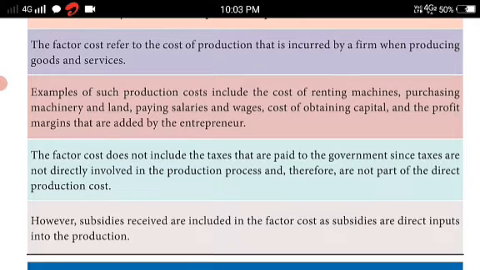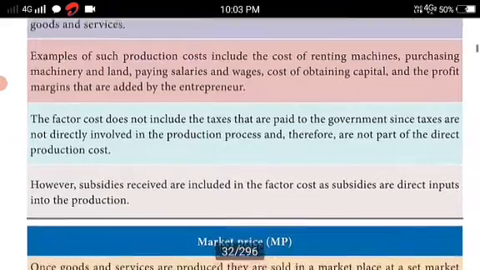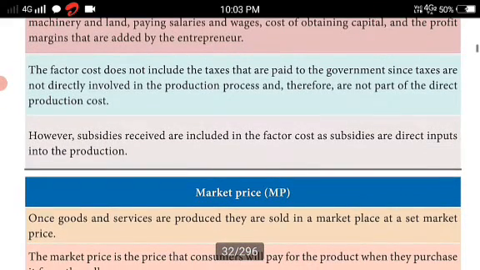These are the examples of production cost. It may be factor cost. The factor cost does not include the taxes that are paid to the government, since taxes are not directly involved in the production process and therefore are not part of the direct production cost.